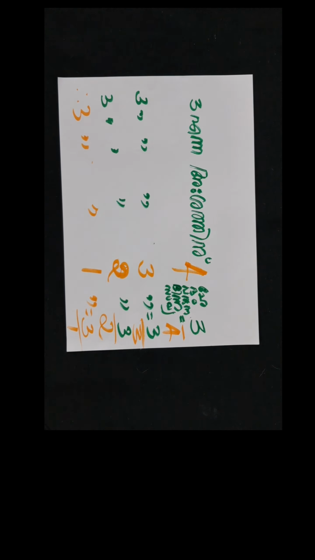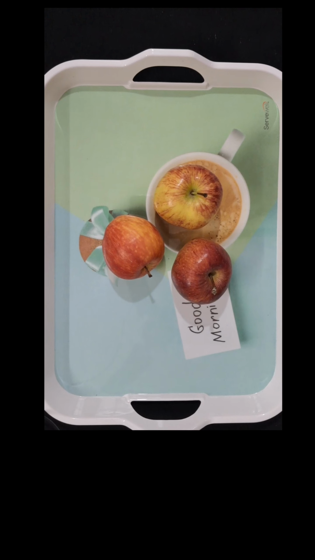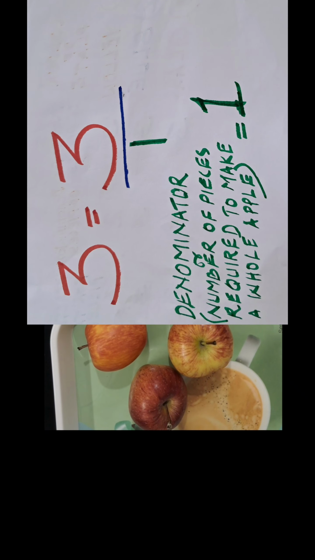If we can't, please look at the screen. You can see 3 apples which represent the fraction 3 by 1. Can't you believe it? If you can't believe it, I will show how these 3 apples are the fraction 3 by 1.